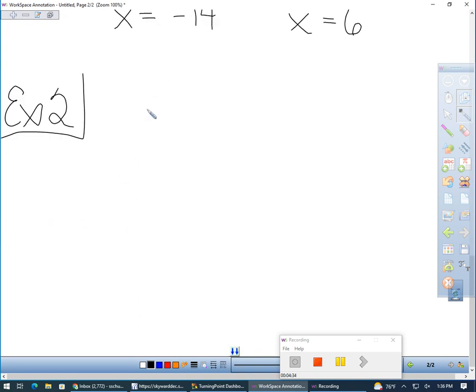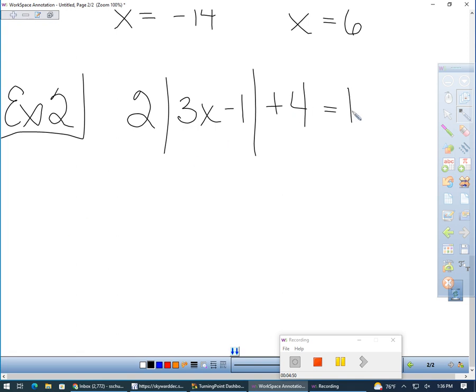All right, let's say I have 2 times the absolute value of 3x minus 1, plus 4 is equal to, you want 10? 10 it is. All right, so we have to get this absolute value by itself. We've got to isolate it.